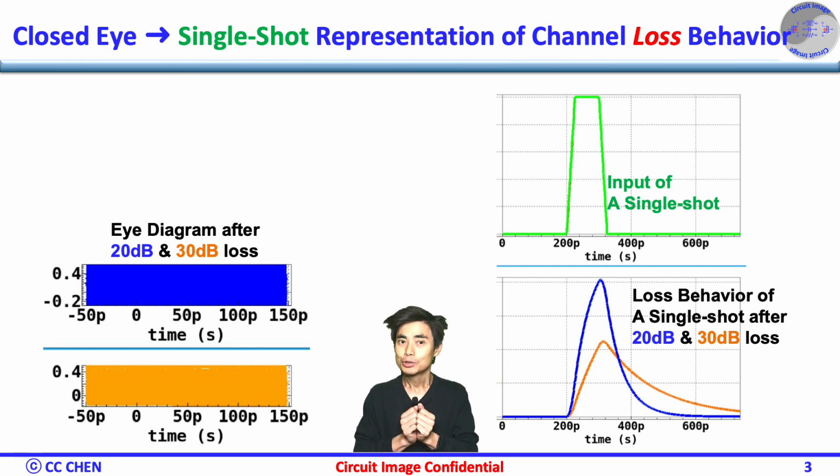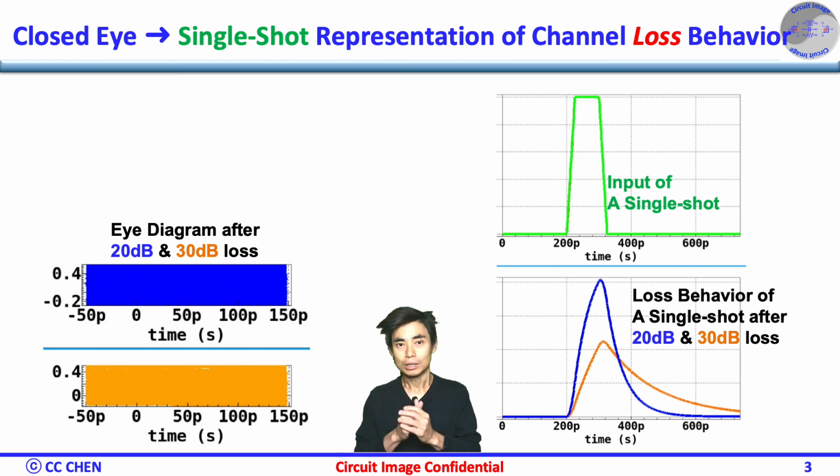For example, you will see a single shot after the 30 dB has the longer long-tailed postcursors and the bigger first precursors than the one after the 20 dB. Also, you will see the main cursor of the single shot after the 30 dB has a lower pulse amplitude than the single shot after the 20 dB loss.